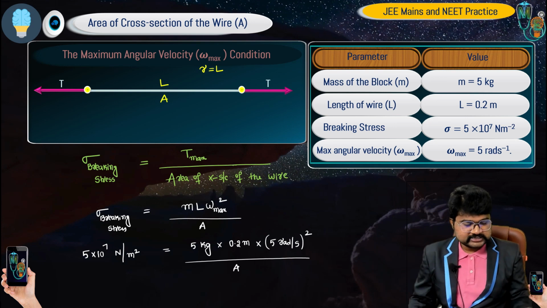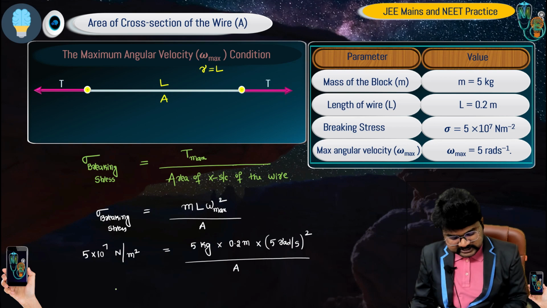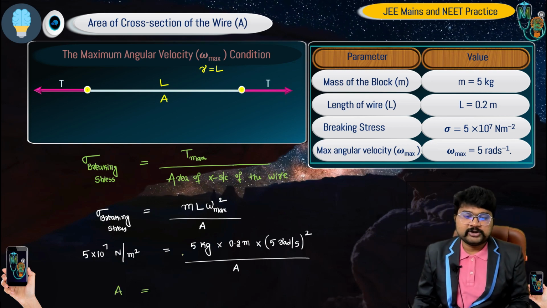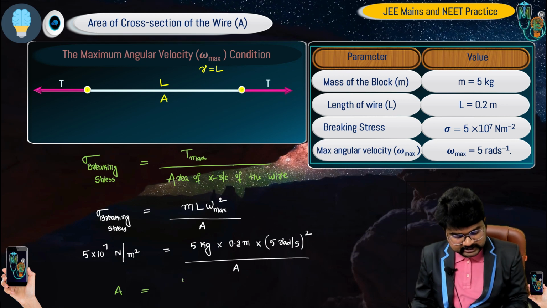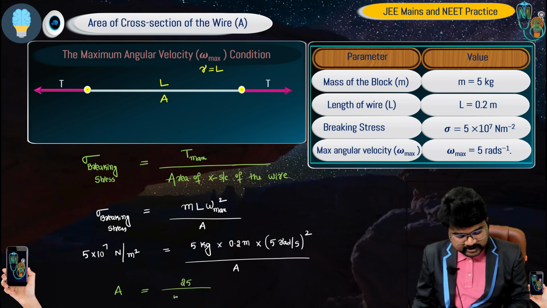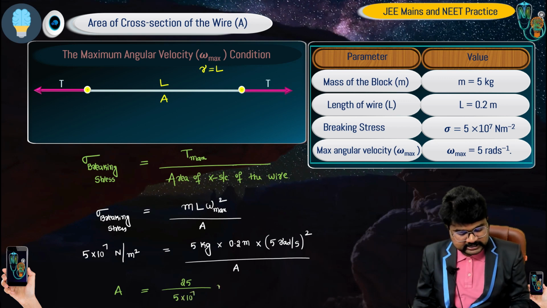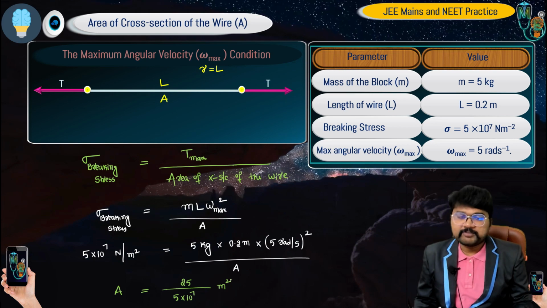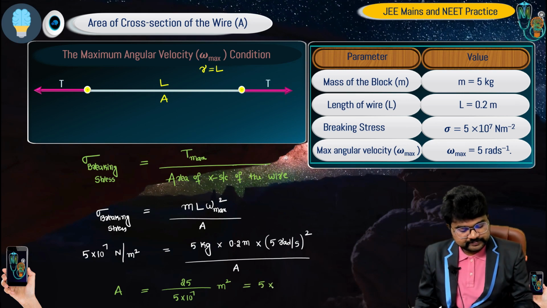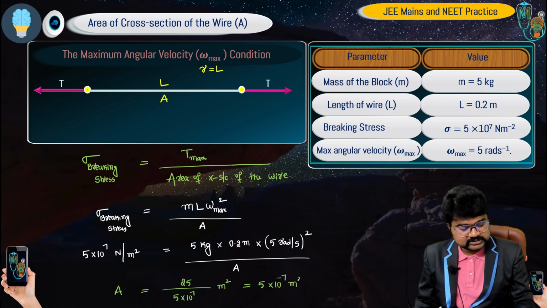So now what is the area of cross section of the wire? Here 5 into 0.2, 1 you will be getting. Here it is 25 by 5 into 10 power 7. So entire part you will be getting in terms of meter square. 5 fives are 25, so 5 into 10 power minus 7 meter square.